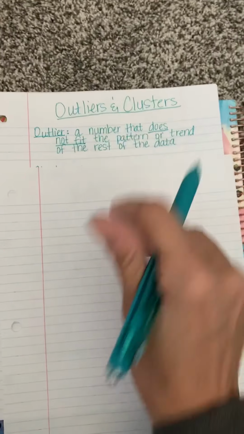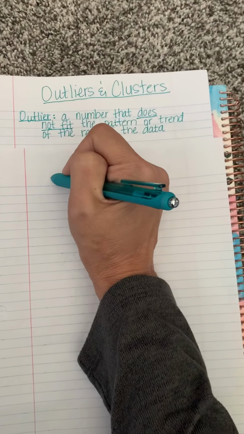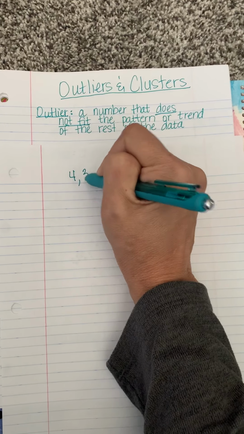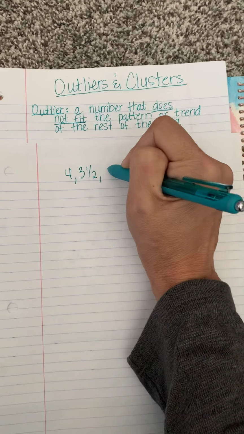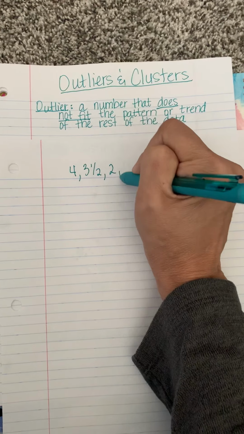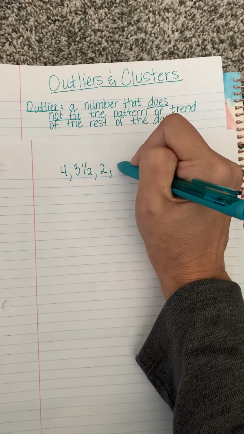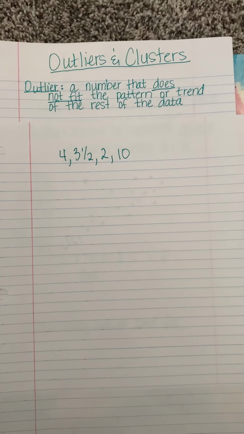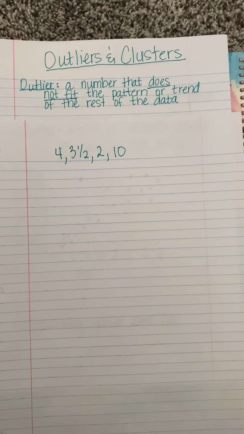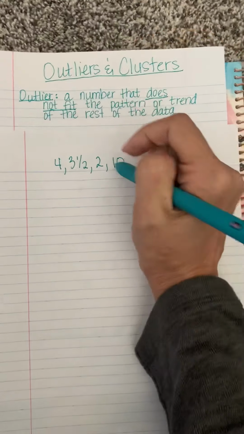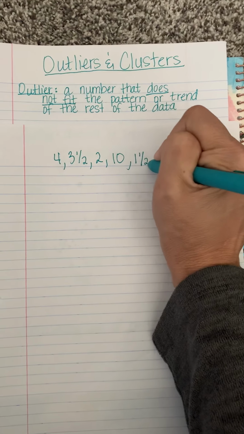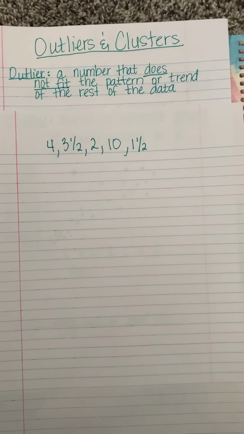Let's say that some of you measure your plant and it's at 4 inches, somebody measures and it's at 3.5 inches, somebody measures and it's at 2 inches, and somebody measures and it's at 10 inches. Like, you're cheating. I don't know what you did with your plant, but there's no way it can be 10 inches, but it is. Oh, I said there are 5 of us. And then there's me, and I've got a plant that's growing at 1.5 inches because I can't grow anything.